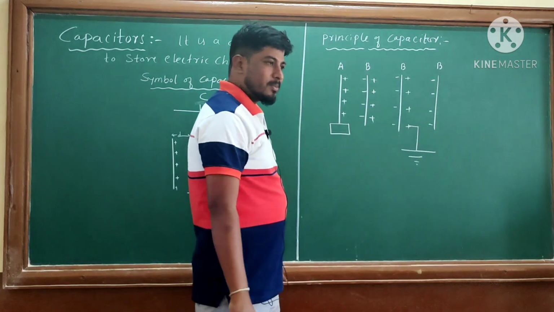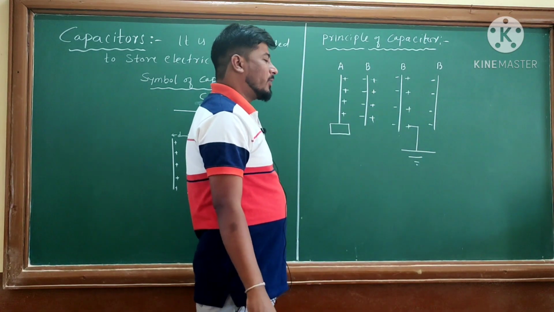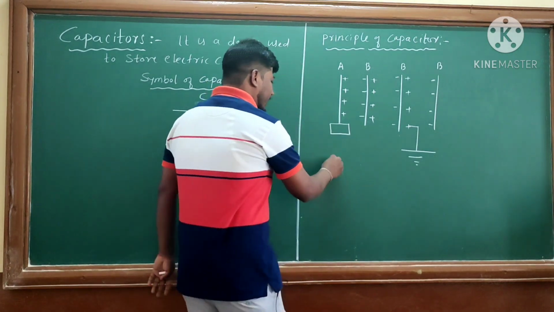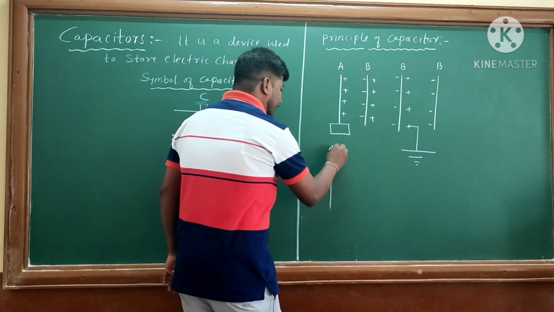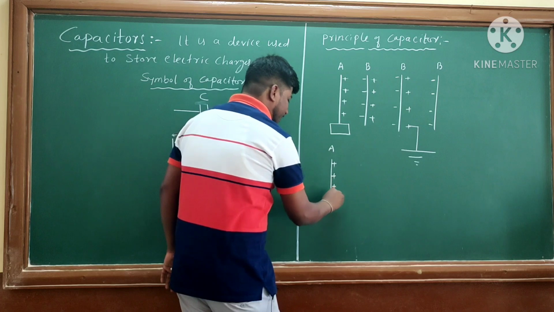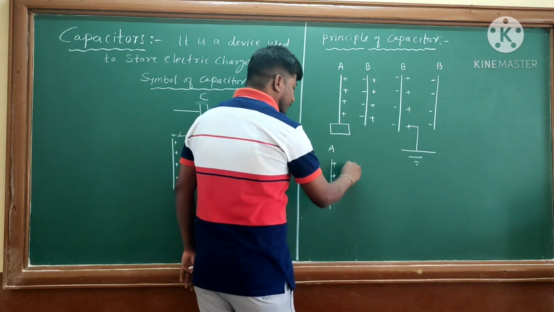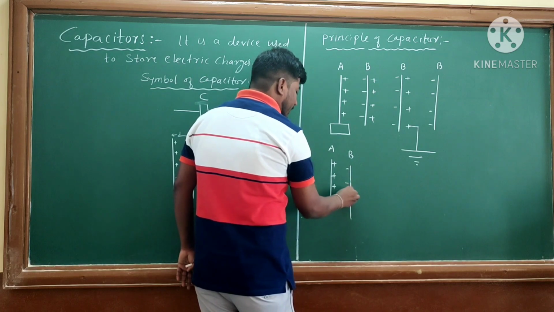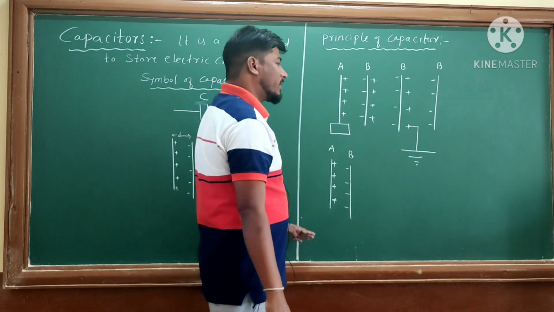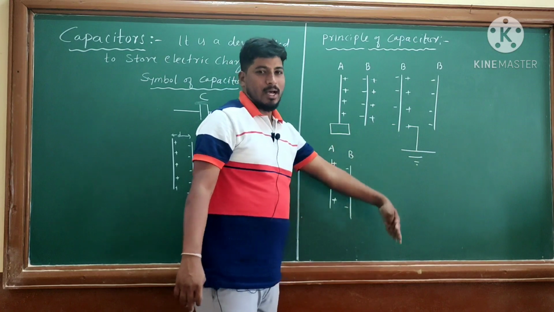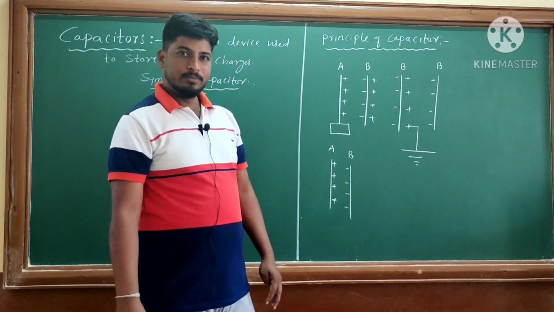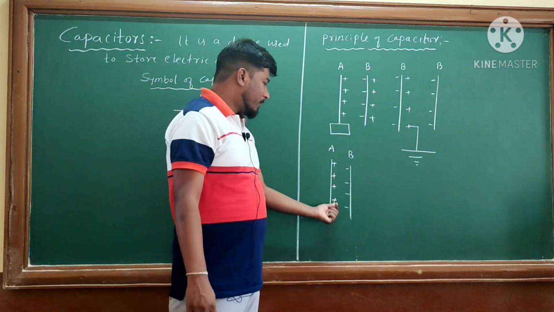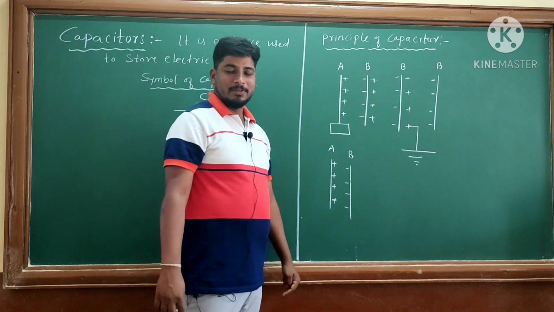Now there is one conductor A like this, and B, which has only the negative charges, as all the positive charges are grounded. What remains? Only the positive and negative charges.